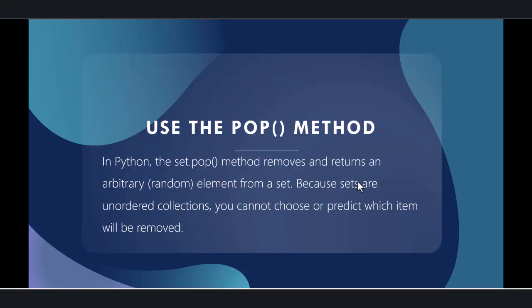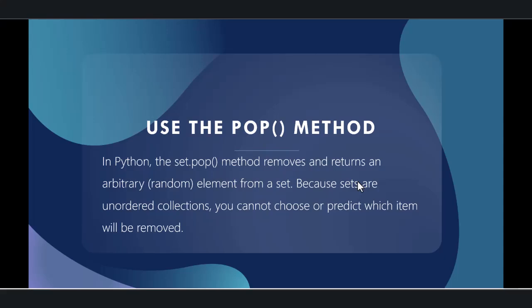Now let's see the next method, that is using the pop method. In Python, the set.pop method removes and returns an arbitrary random element from a set. Because sets are unordered collections, you cannot choose or predict which item will be removed. Now, to remove an element from the current set, we will use the set.pop method.